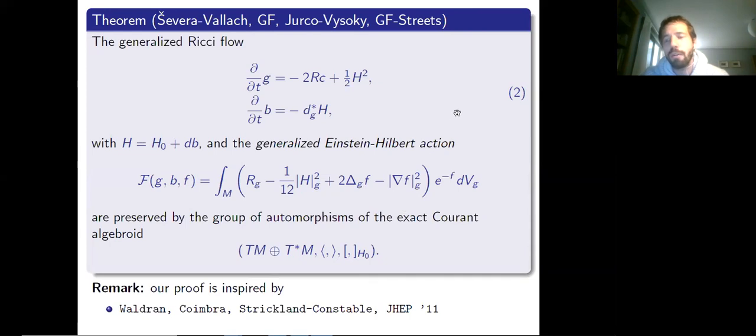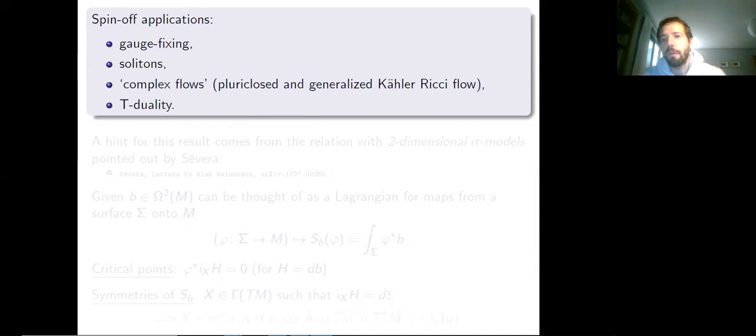So in the rest of my talk, what I want to do is to give you a hint on why this is true and which enhanced information we get if we understand the proof. Why is this going to be important for us?